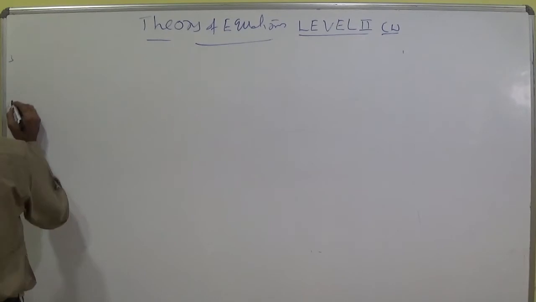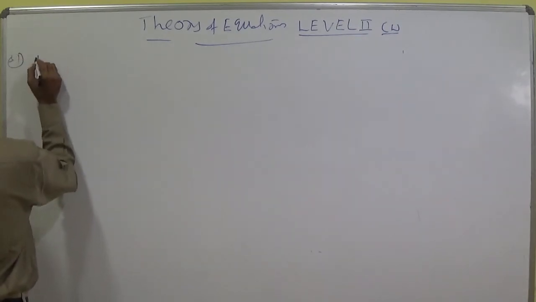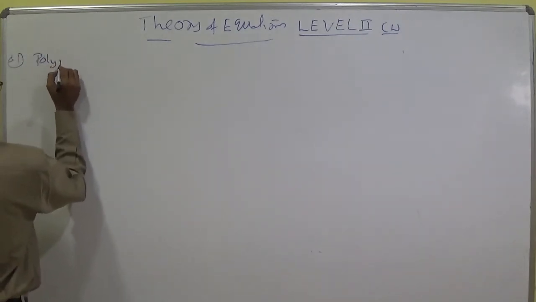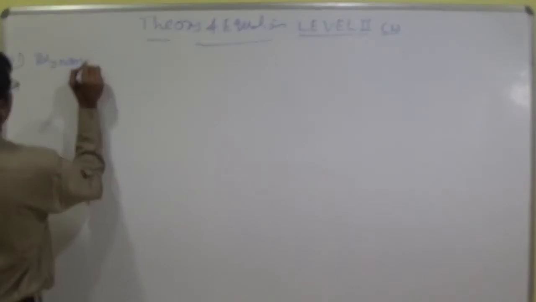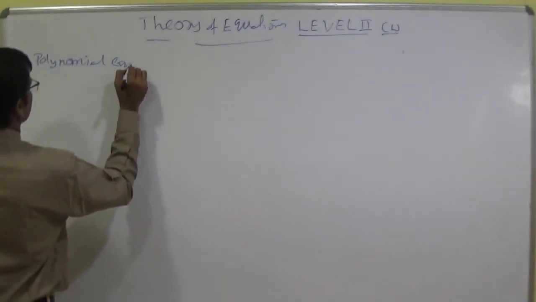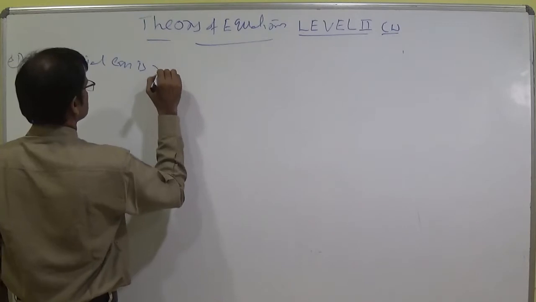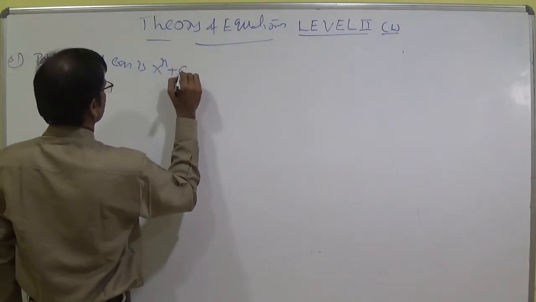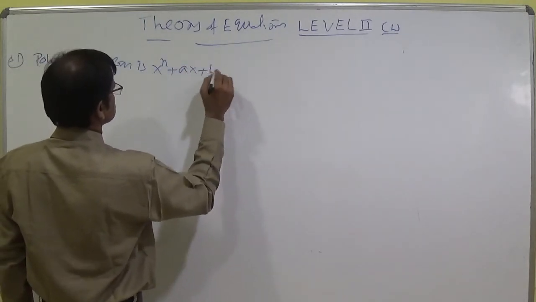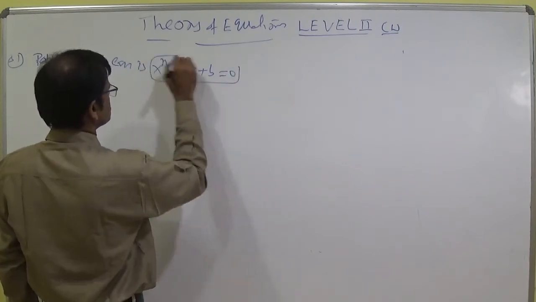Question 30, first question: the polynomial equation is x power n plus ax plus b is equal to 0.